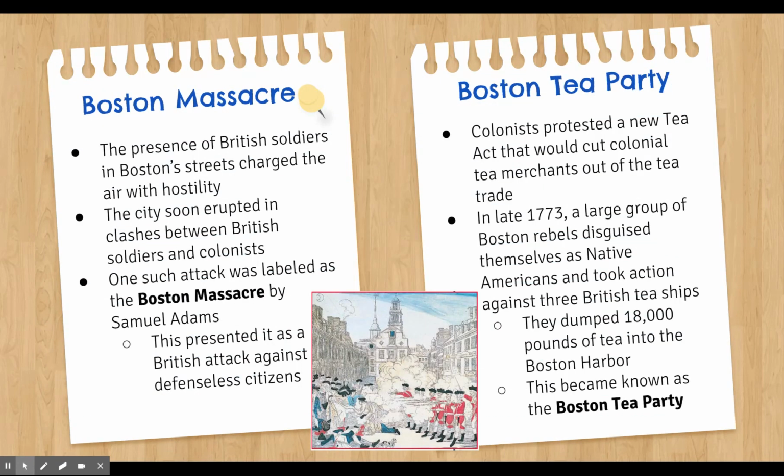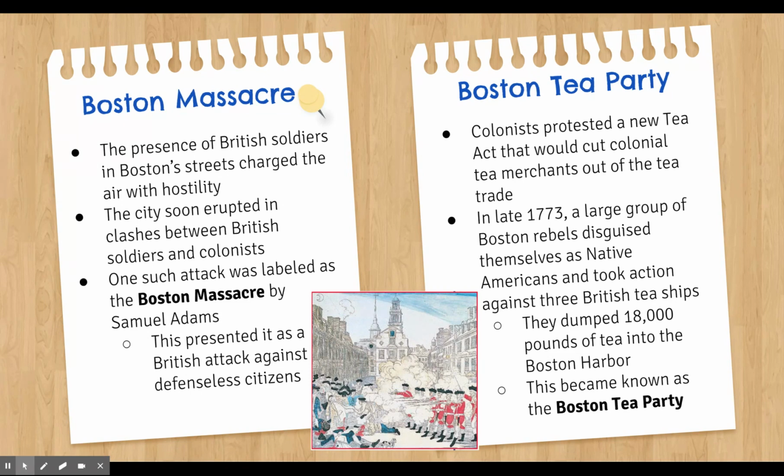The Boston Massacre. So the presence of British soldiers in Boston streets charged the air with hostility. The Bostonian people did not like this. The city soon erupted in clashes between British soldiers and colonists. One such attack was labeled the Boston Massacre, and this little illustration below is meant to depict that. The phrase the Boston Massacre was coined by Samuel Adams, part of the Sons of Liberty.